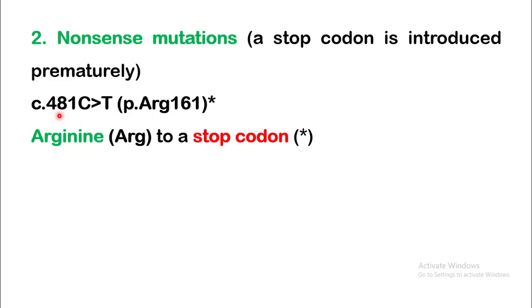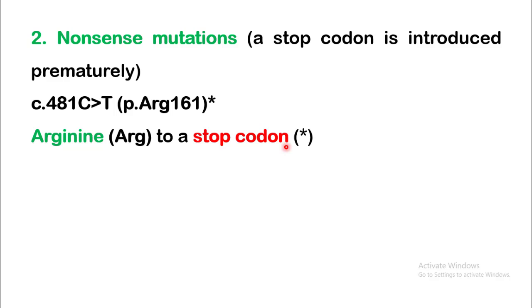Because of the mutation at 481, because of the change of the cytosine into the thymine, normally at position number 161, there is an arginine that has now been switched to a stop codon. So you are not going to get any protein sequences beyond the arginine 161.